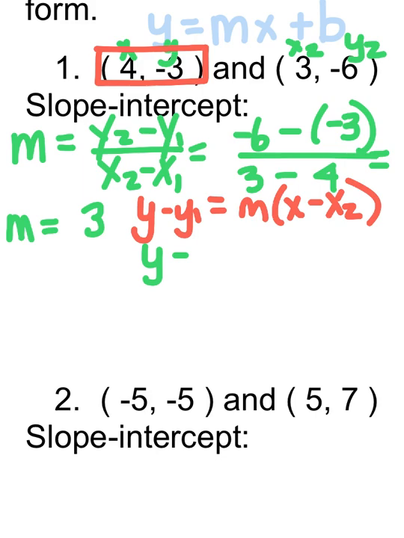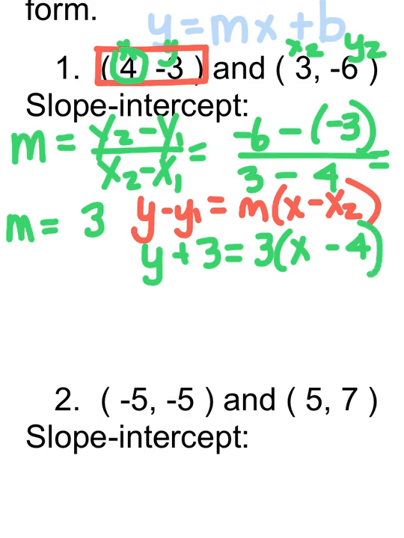So it'll be y minus y1, which is -3. So y minus -3 would be y plus 3, equals our slope, which we found to be 3, times x minus x1. Notice our x is 4 in the one that I chose.